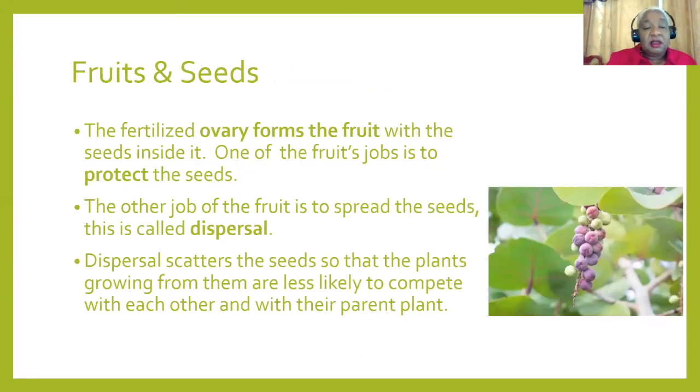Fruits and seeds. So the fertilized ovary forms the fruits with a seed inside. I don't know about you, but sea grapes are some of my favorite fruits, and it has a large seed inside. One of the jobs of the fruit is to help protect the seed.